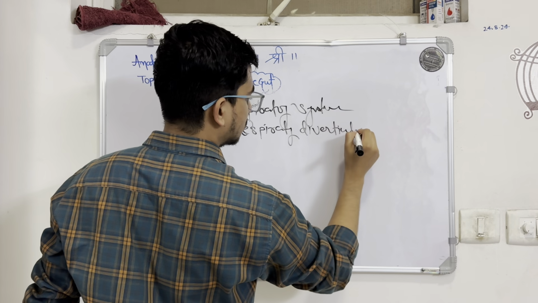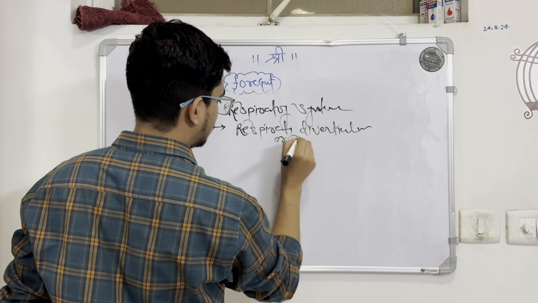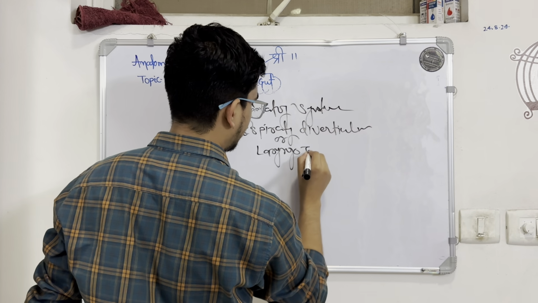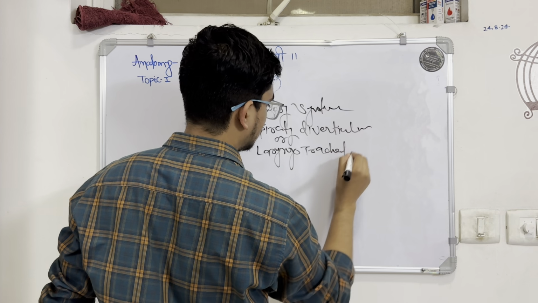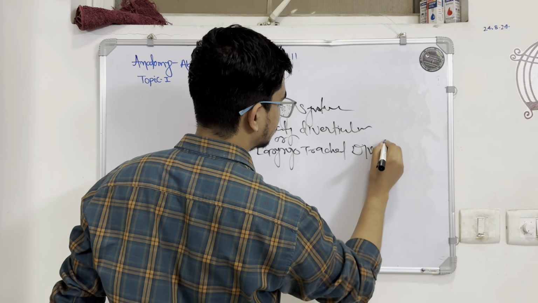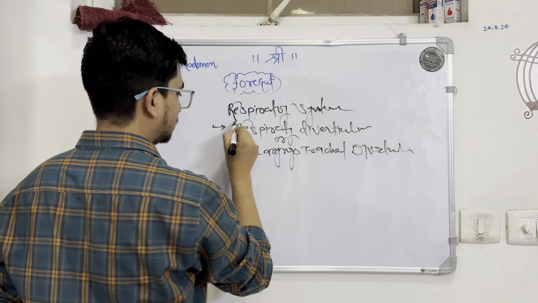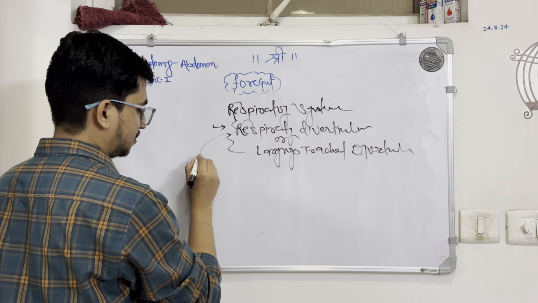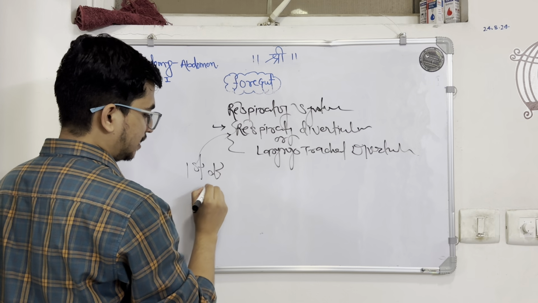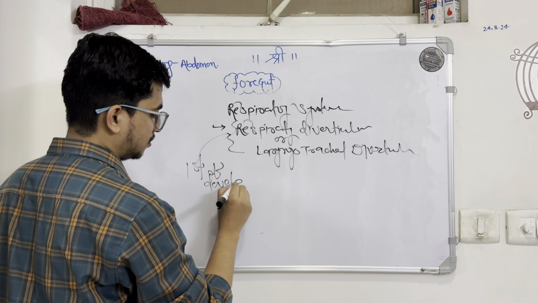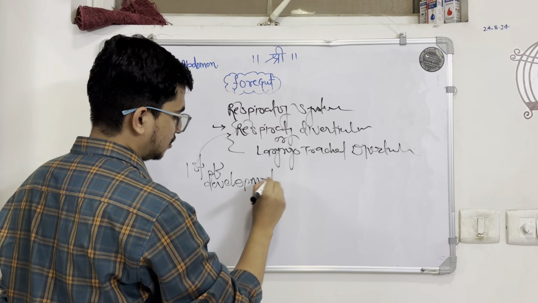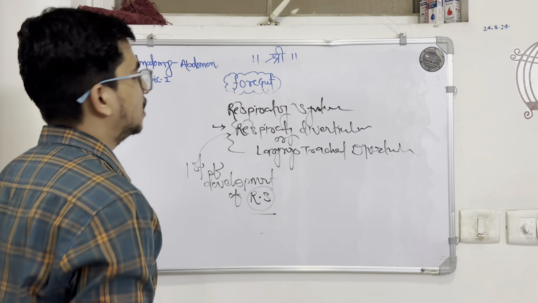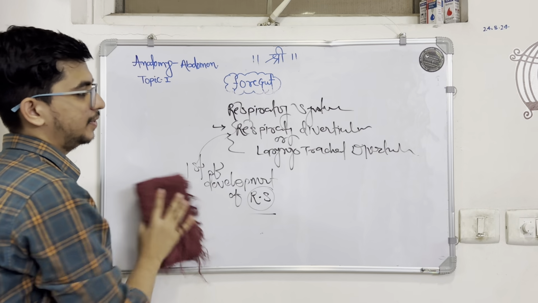It is also called the laryngotracheal diverticulum. Development of the respiratory diverticulum is the first sign of development of the respiratory system. Now let's study how it developed.